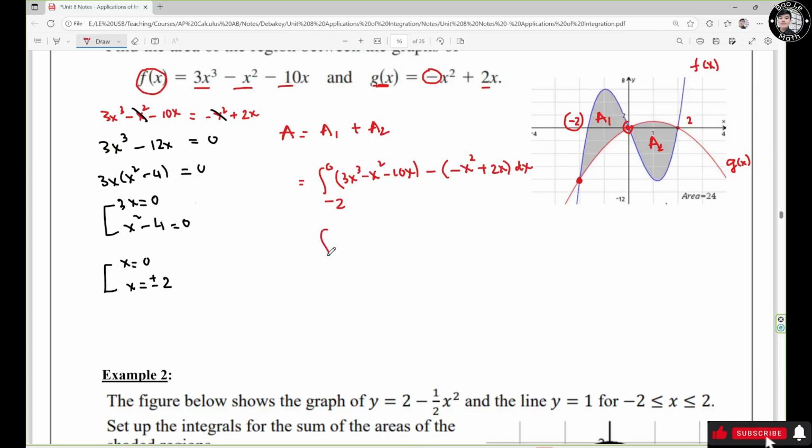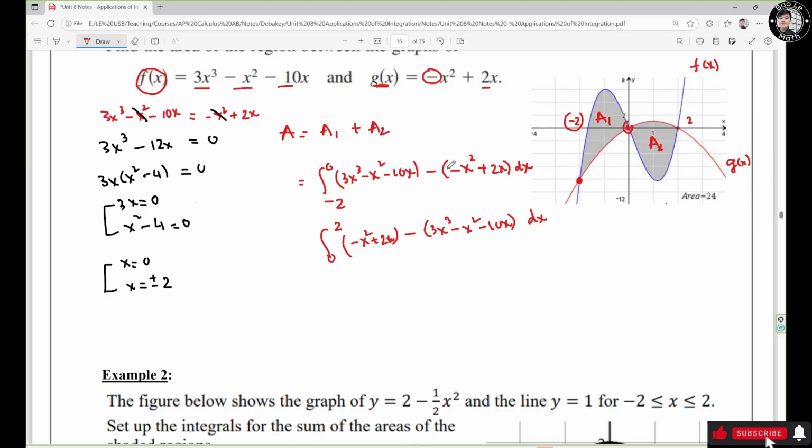A2 is the integral from 0 to 2, which is this region right here. The upper one is g of s, which is negative s squared plus 2s, subtract f of s, which is 3s cubed minus s squared minus 10s, ds.